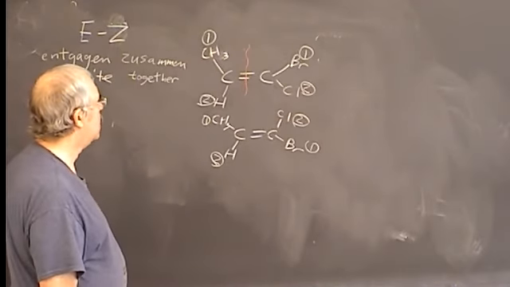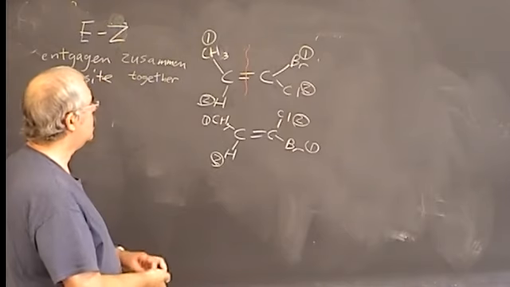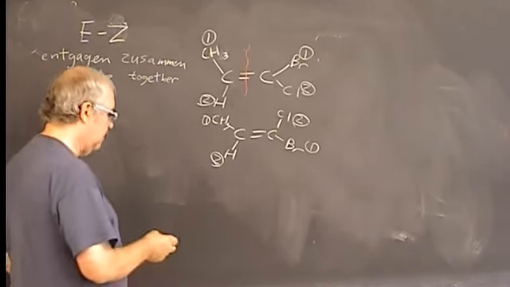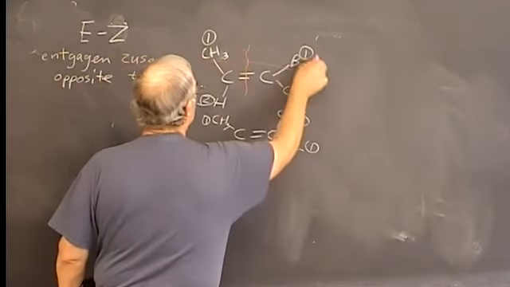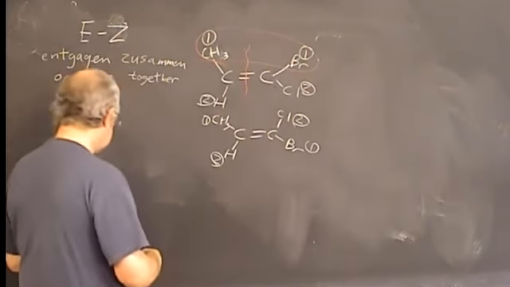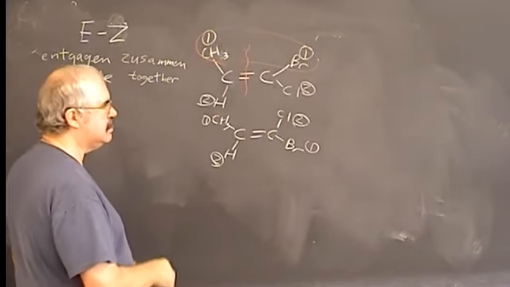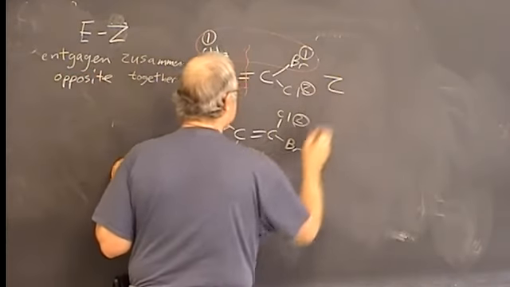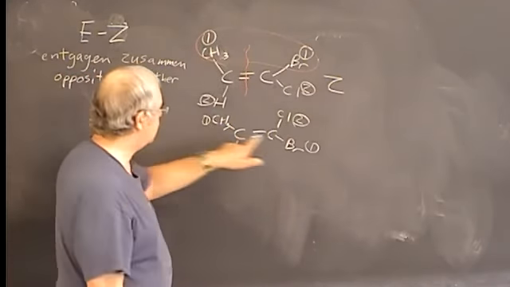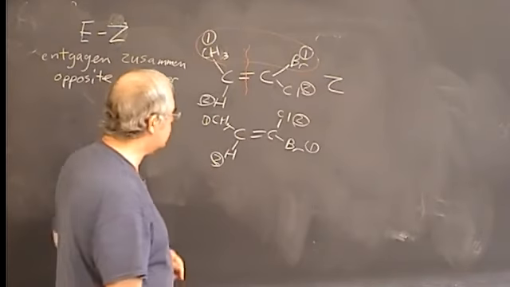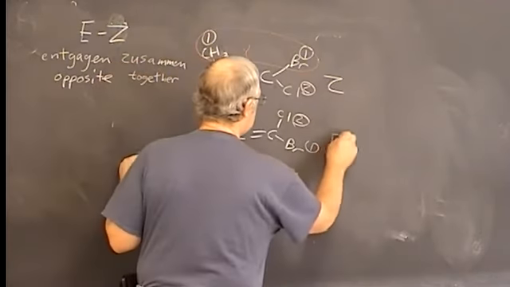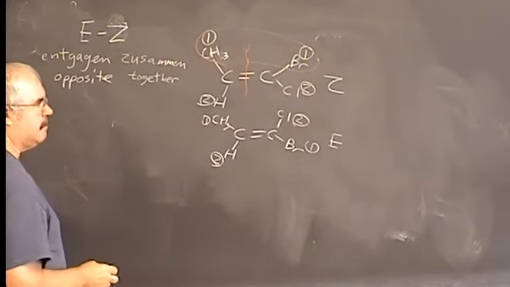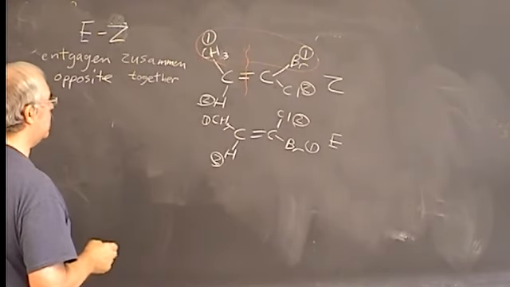Then we compare the two higher priority groups. Since these are on the same side, this is the Z. And here the two higher priority groups are opposite, so this is the E. We would put the configuration letter in front of the name.